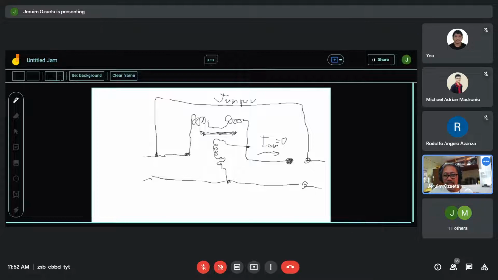Jumper. Tinuruan kita kasi pag nahuli ka, kasama ako sa magte-testify sa iyo para makulong ka. Kasi tinuruan kita para alam mo kung sino nagnanakaw ng kuryente. Pero pag ginamit mo ito para ikaw na magnakaw, tapos ka sa akin.